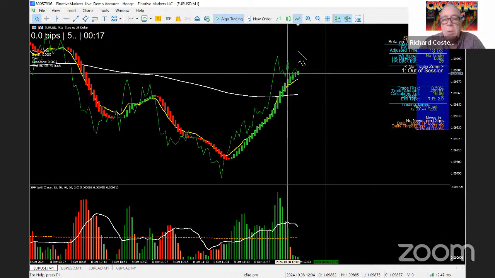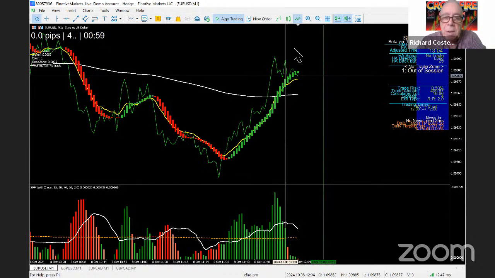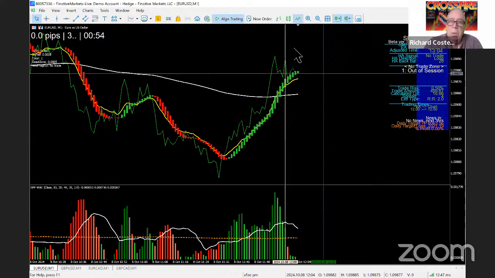If price is in between the two trend lines, we don't take a trade. The trading system will never take a trade in those circumstances. So that's the first criteria we look for: is price above the green trend line or below the red trend line? That determines whether we start looking for a buy or a sell.